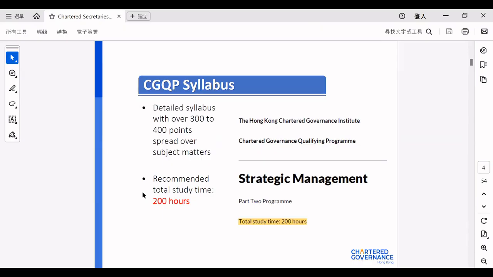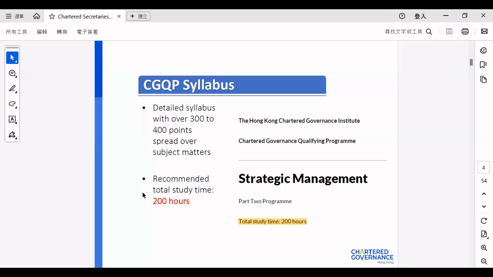Even though you have studied strategic management some time ago when you were doing your bachelor degree or other degrees, I think it's worthwhile to revise all these materials, because the structure and the focus of strategic management may be different from what you studied a few years ago, because we have a different focus.